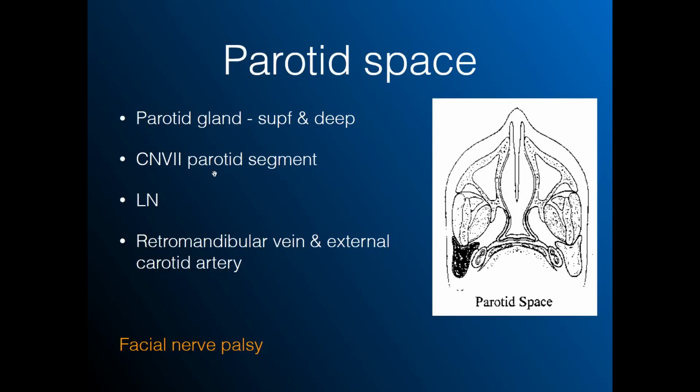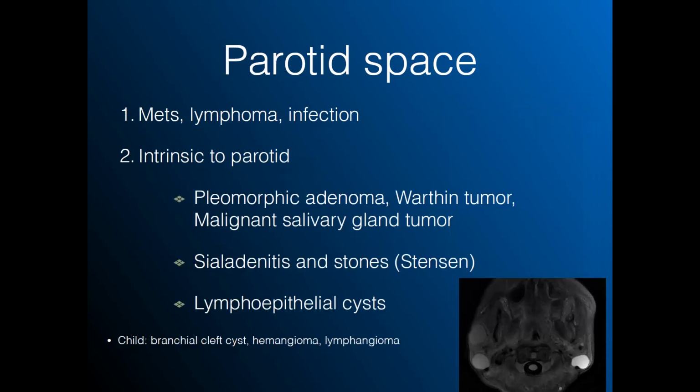Okay. So with the parotid gland, there's a superficial and deep. I've told you that what separates it is the 7th cranial nerve. In the parotid, you actually have lots of lymph nodes, and then you have the retromandibular vein and the external carotid artery. And this is a place to look really carefully when you've got facial nerve palsy.